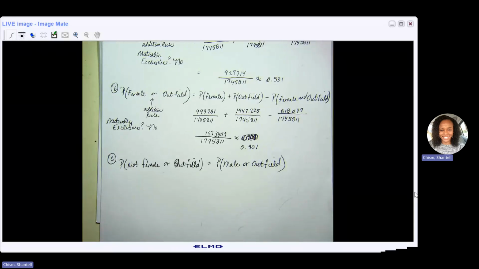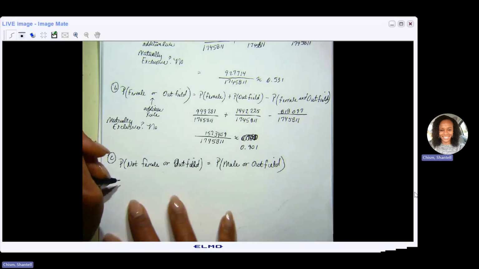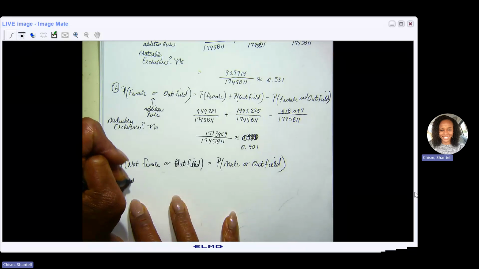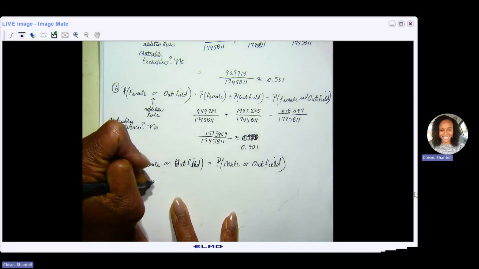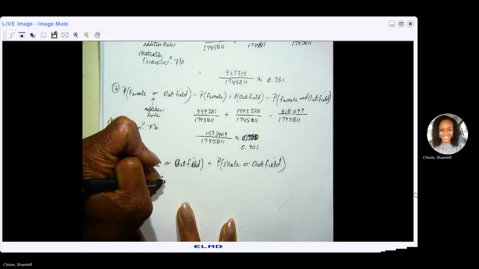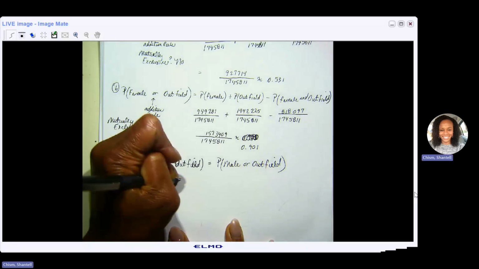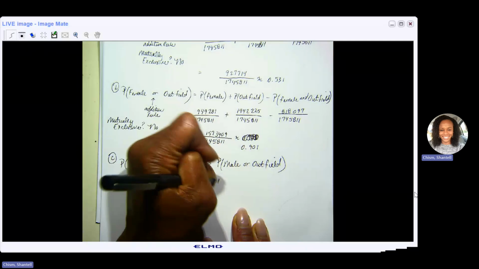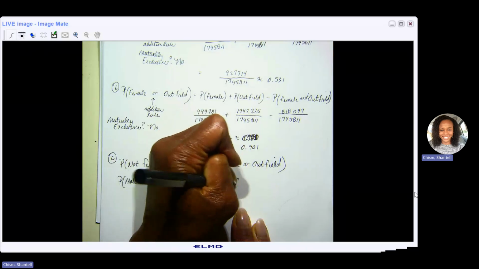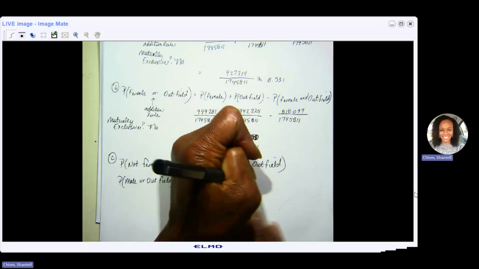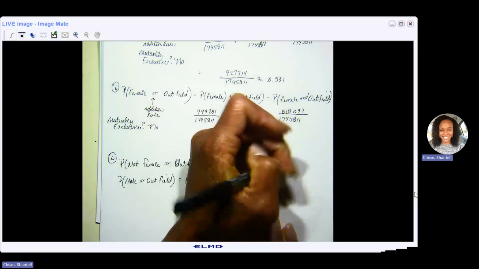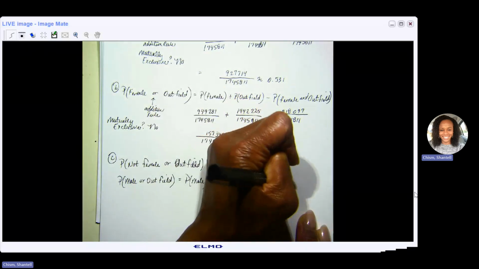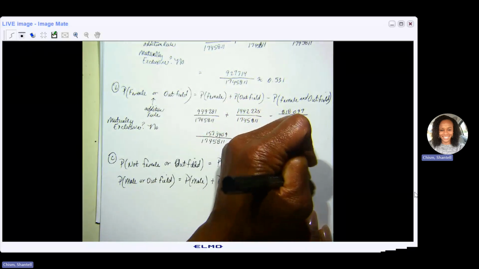So to get this probability, I want to find male or outfield. I want to find the probability of selecting a male in general, plus the probability of selecting a student who earned a degree outfield, minus the probability of selecting a student who is male and earned a degree outfield.